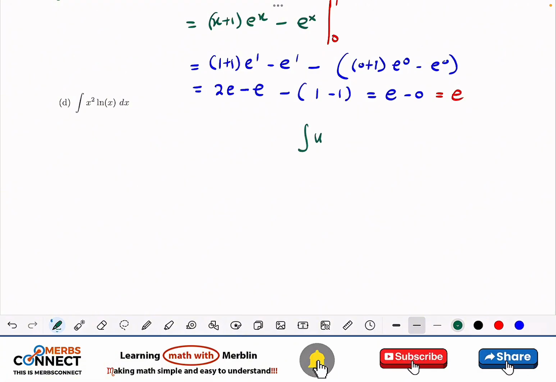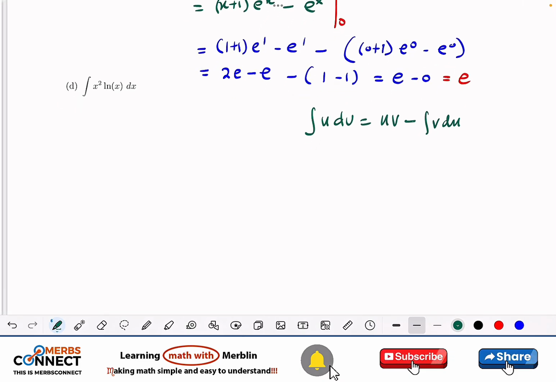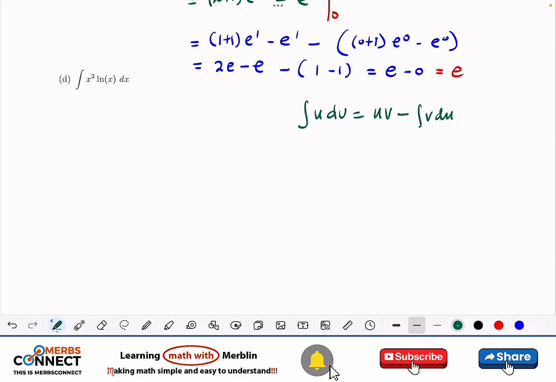So let me write down the formula first. So u v. So this is how you're supposed to do it. Any integration by parts question that you are going to do, try and record the formula so that you won't forget. So now, what is my u? What is my dv?